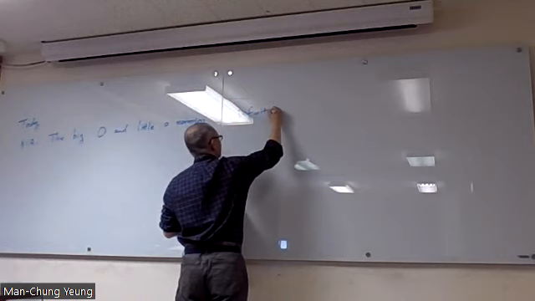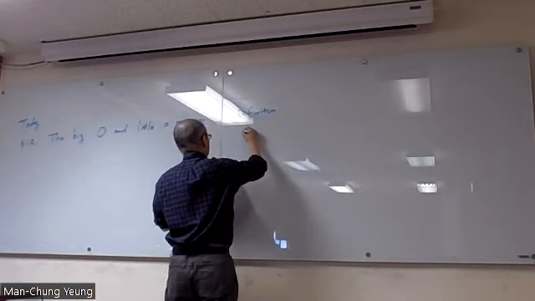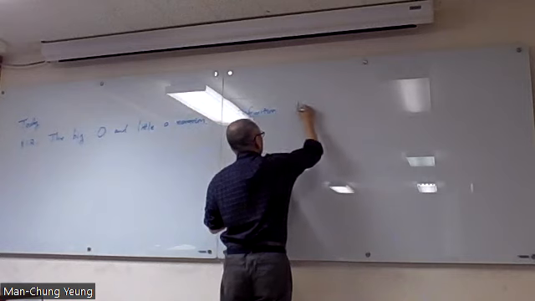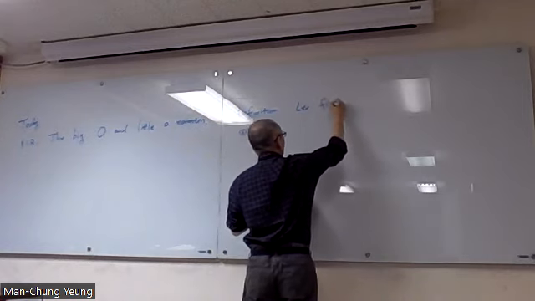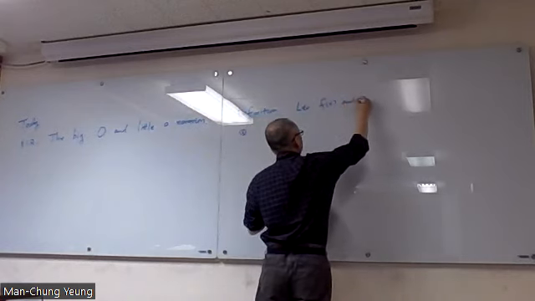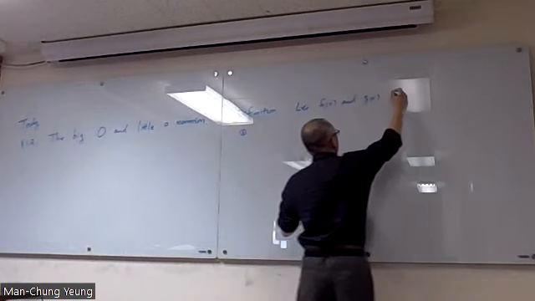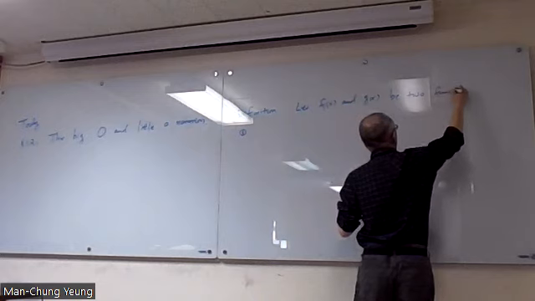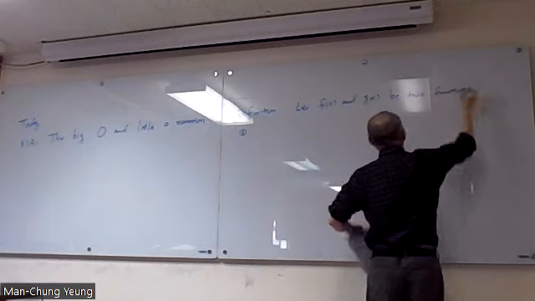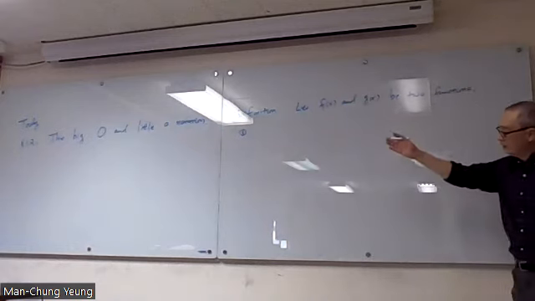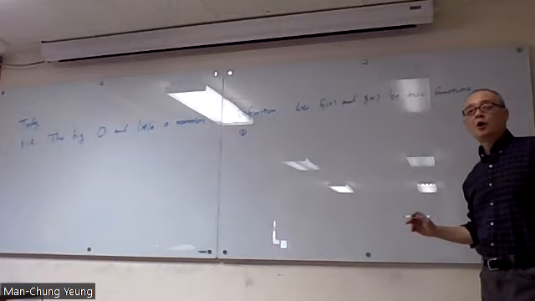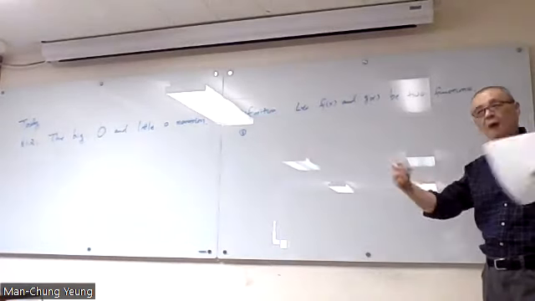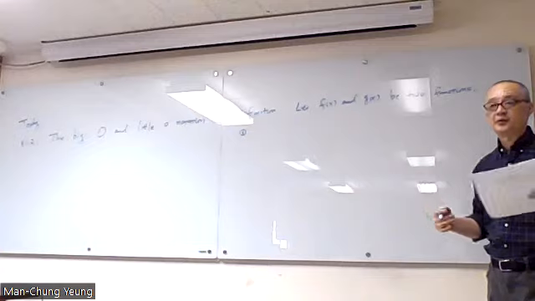Definition. Let f and g be two functions. Big O and little o notations compare two functions.